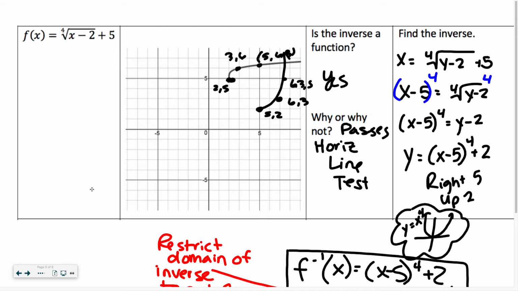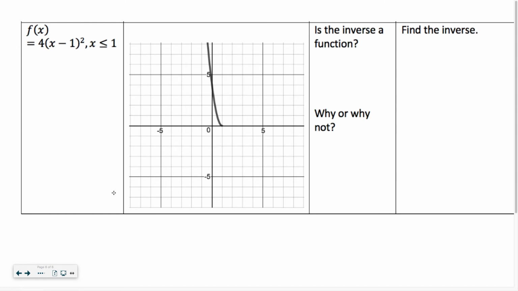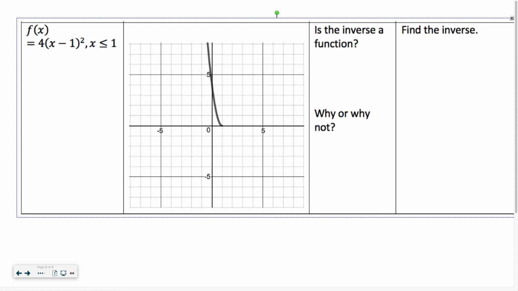Okay, last one. I just want to point this out so you don't get freaked out on homework or on a quiz or a test. Notice that my f of x over here is a quadratic function, 4 times x minus 1 squared. But then there's a comma for x is less than or equal to 1. So that's saying, like in the picture, the x's that are less than or equal to 1, that 1 is my h value. That's the left side of my parabola.